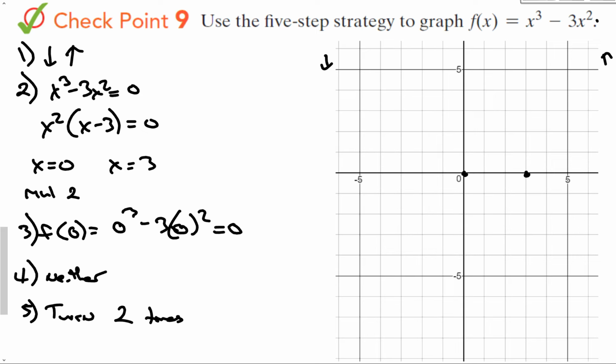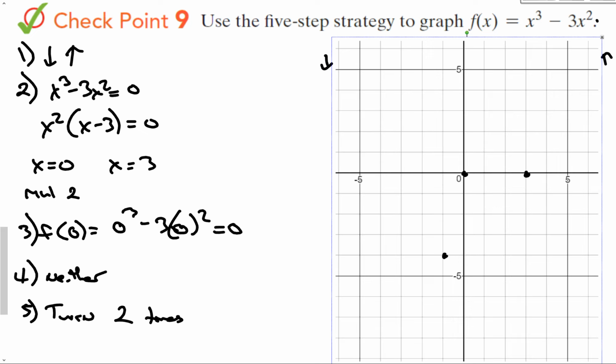Unfortunately, I'm not graphing it on this particular computer, but when I do it, I get that f of -1 is going to be about -4.